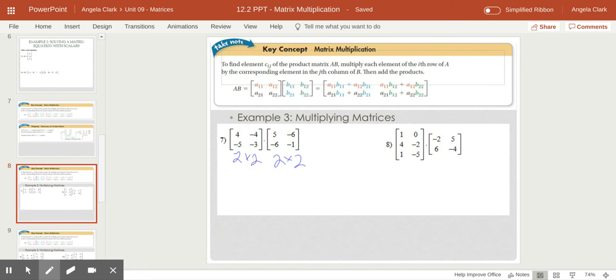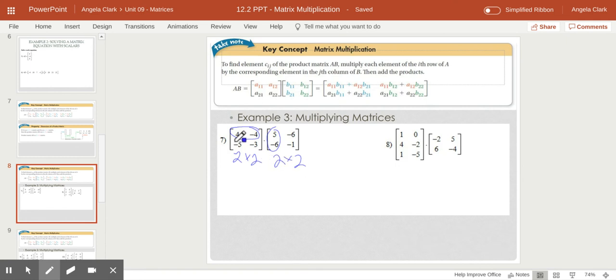So for the first element, that top left-hand element, I'm going to do the first row of the first matrix times the first column of the second. So row times column, which is why it's these two that need to match.